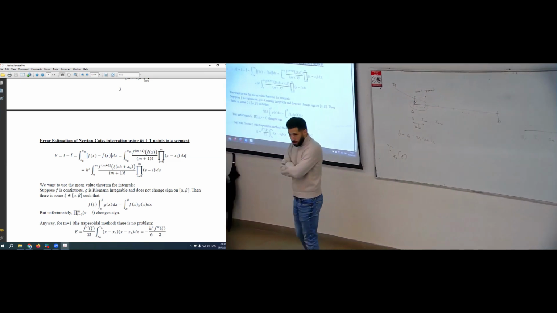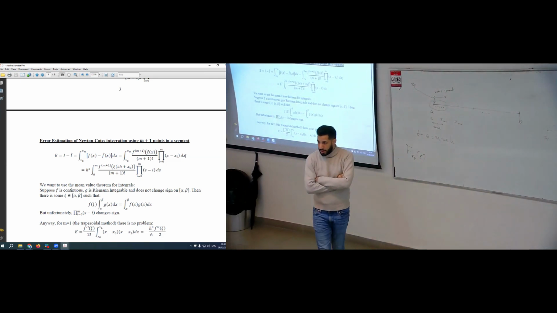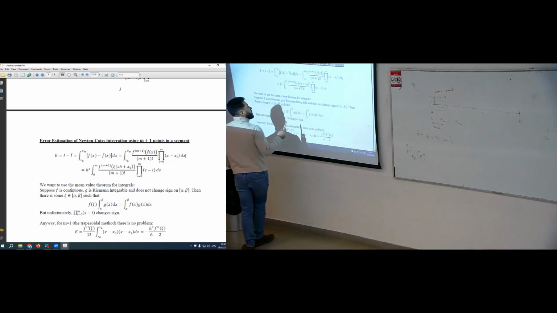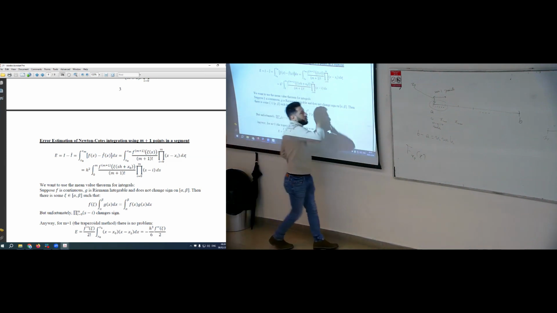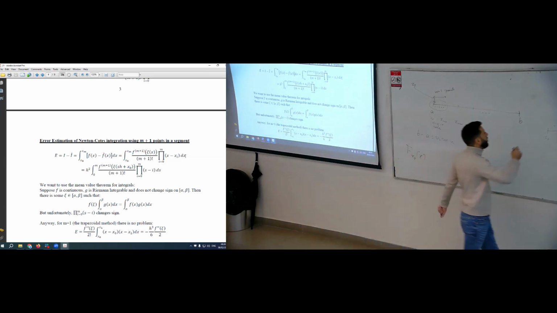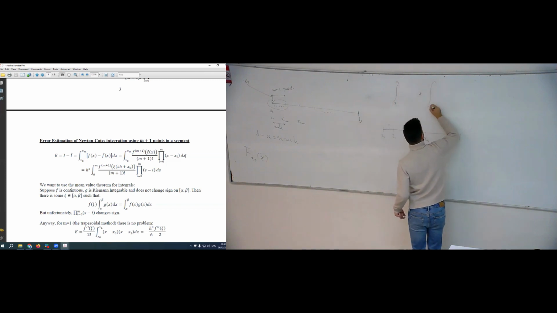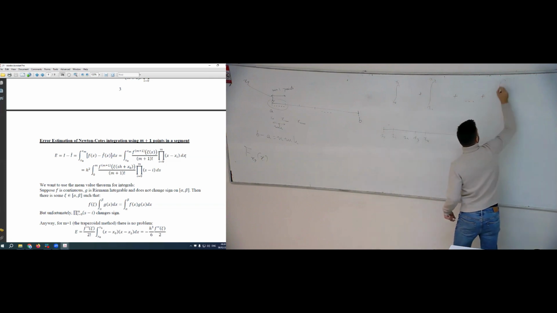So I can do something. I can say that this integral is the integral from x0 to x1 plus the integral from x1 to x2 plus up to the integral from x_{n-1} to xn.